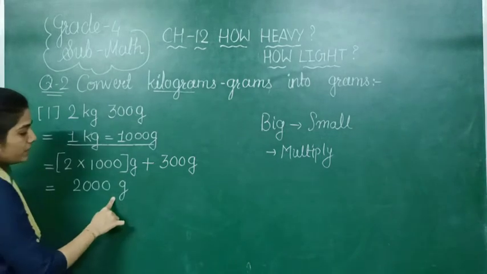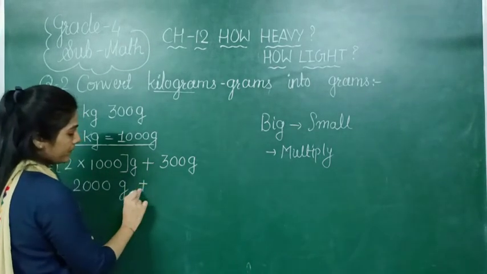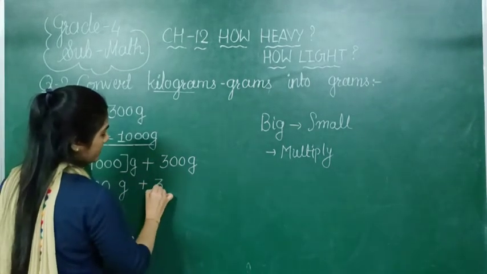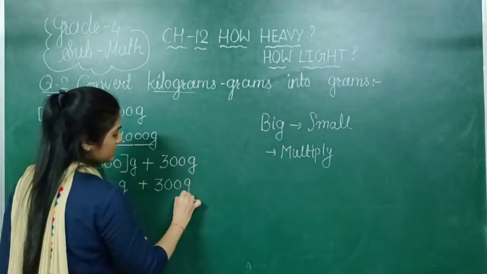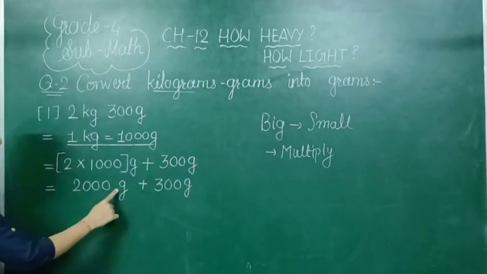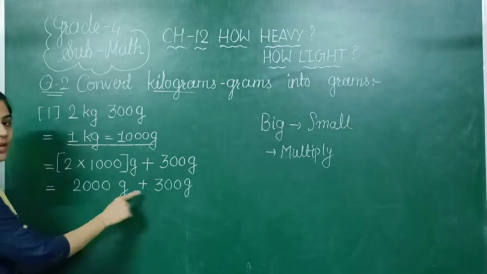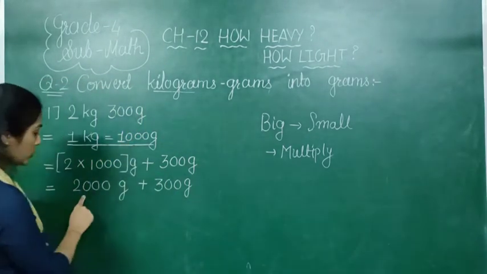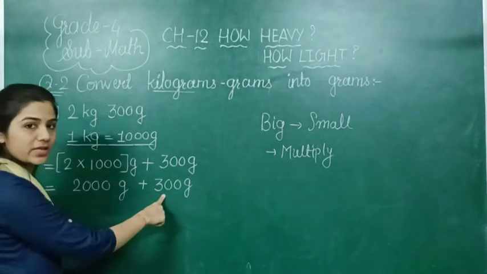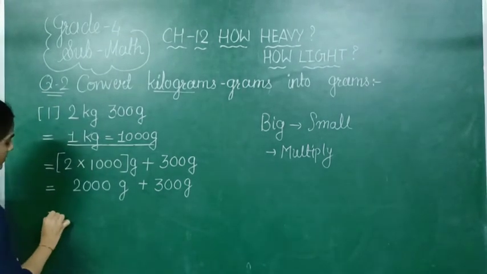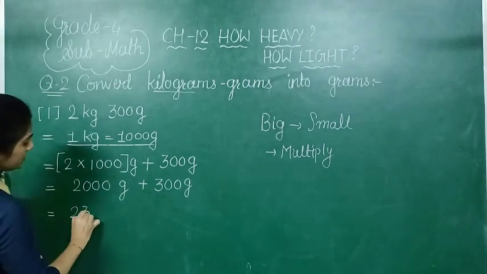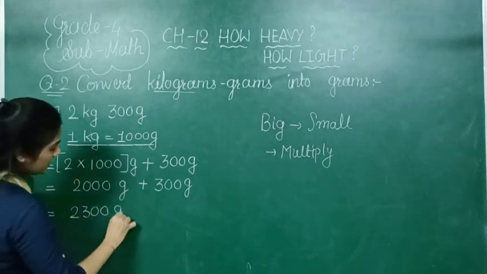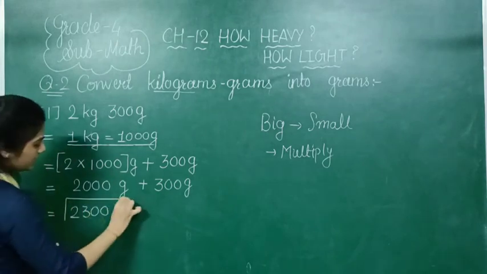Same unit we are copying. Plus sign and 300, which is already in gram, so remains same. Now units are same, gram and gram. So directly you can do the addition, means 2000 gram plus 300 gram. So answer will be 2300 gram. This is our answer.